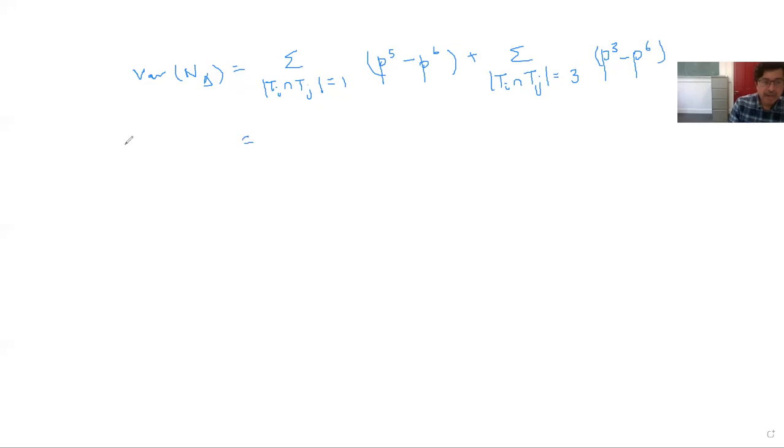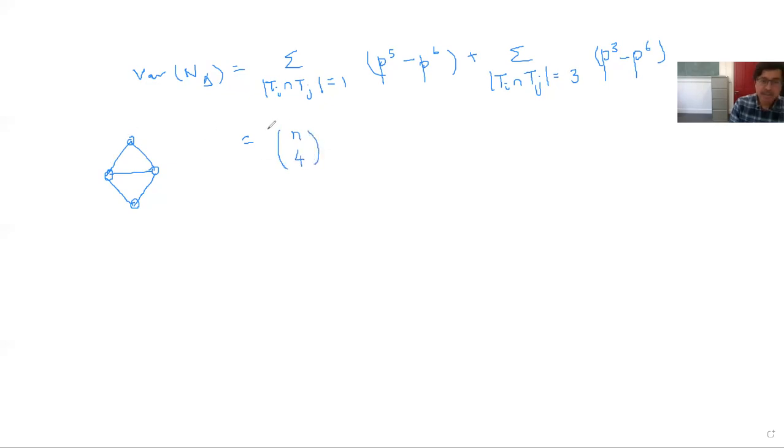Okay, and the number of triangle pairs which intersect in one edge is essentially the number of ways of picking 4 vertices. So that's n choose 4 ways of picking 4 vertices.